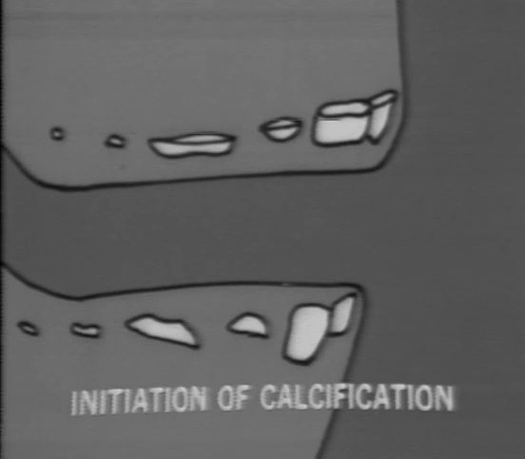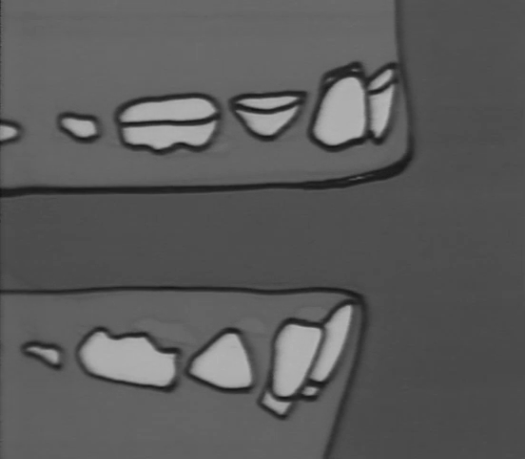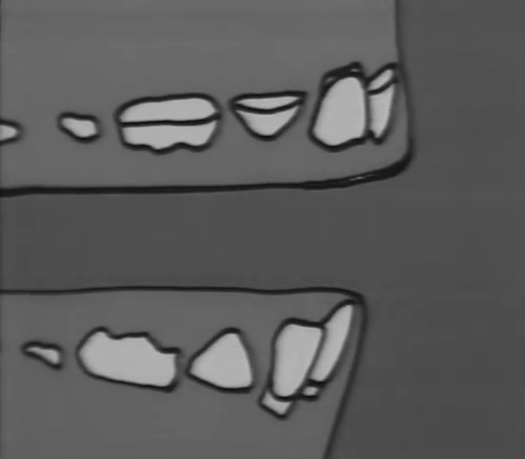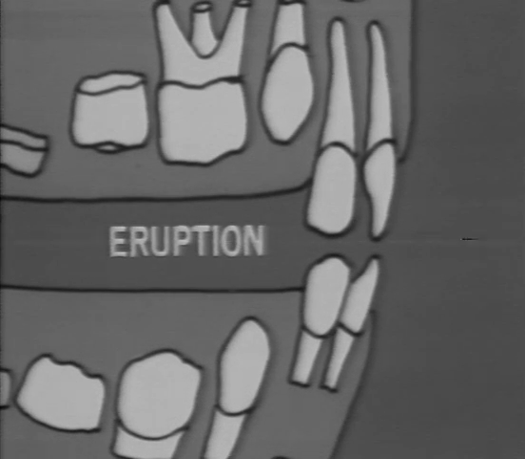Unidentified human remains should be examined for the initiation of crown calcification of both deciduous and permanent teeth, the stage of crown and root development, and eruption into the mouth.